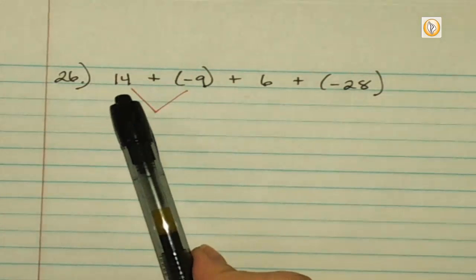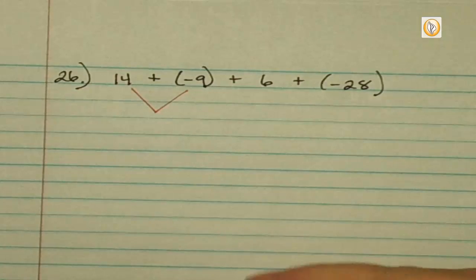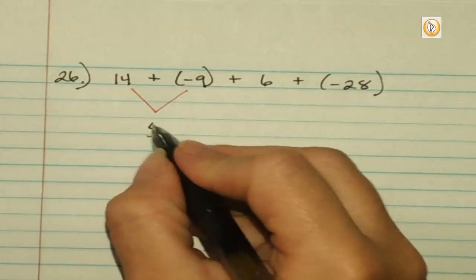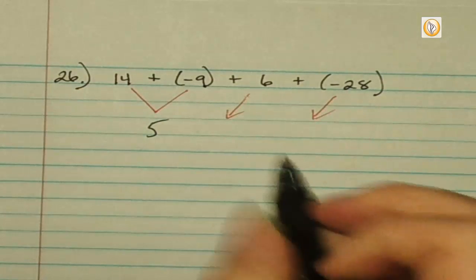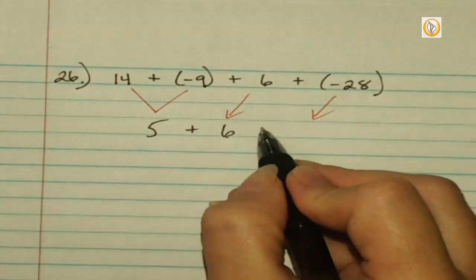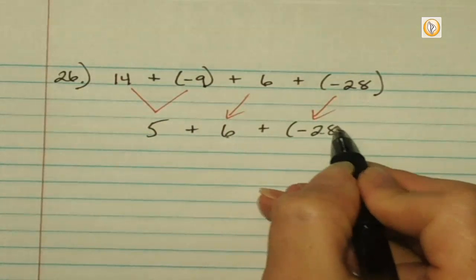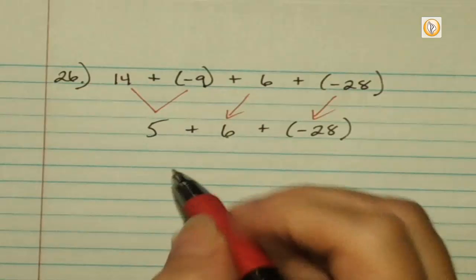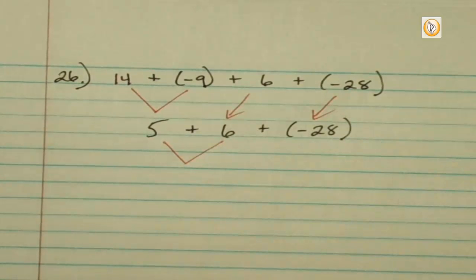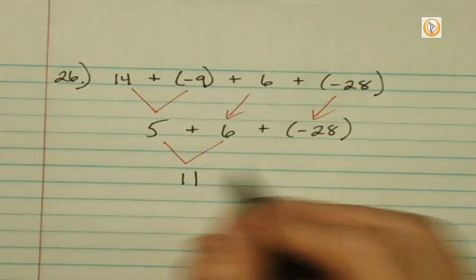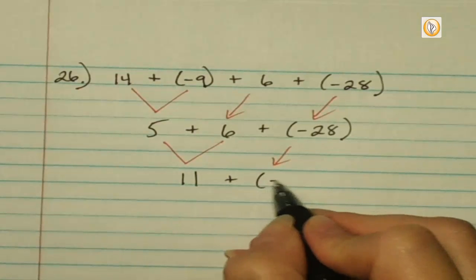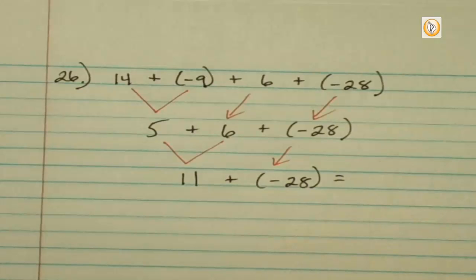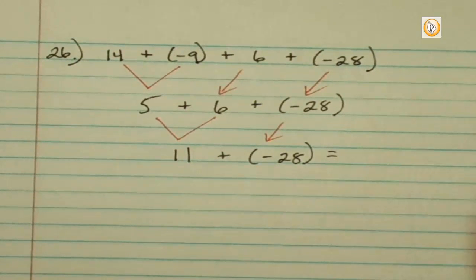So, Sophia, what is 14 and negative 9? Positive 5. And then I'm going to rewrite my math sentence that I didn't use. Sophia, what is 5 plus 6? 11. And I'm going to rewrite my math sentence that I didn't use.